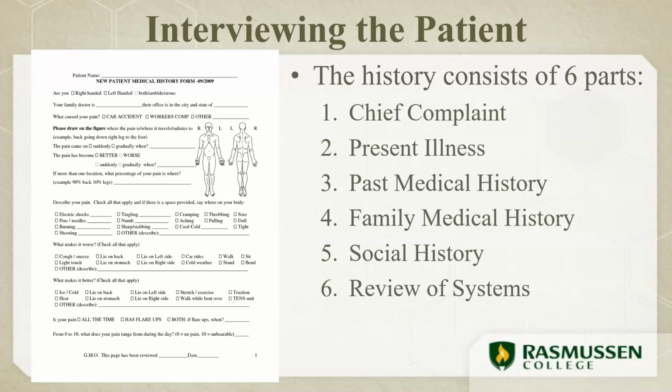And finally, we have the review of systems. Now, this is generally performed by the physician themselves. However, the physician needs to know what they're looking at, and the only way that they can do that is by you taking the other 5 pieces correctly.